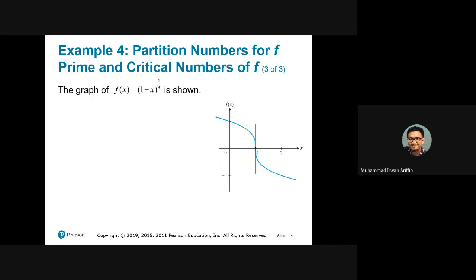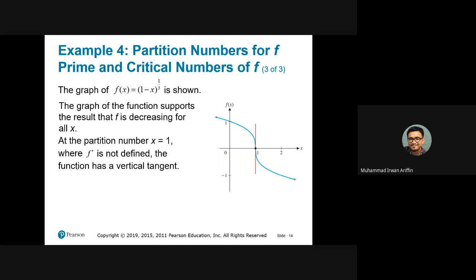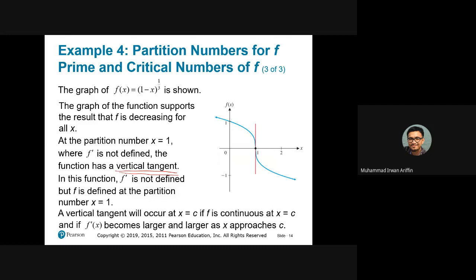Our tangent line is actually vertical, and x equals 1 is still our partition number. So it has a vertical tangent instead of a horizontal tangent, where the slope is not defined.